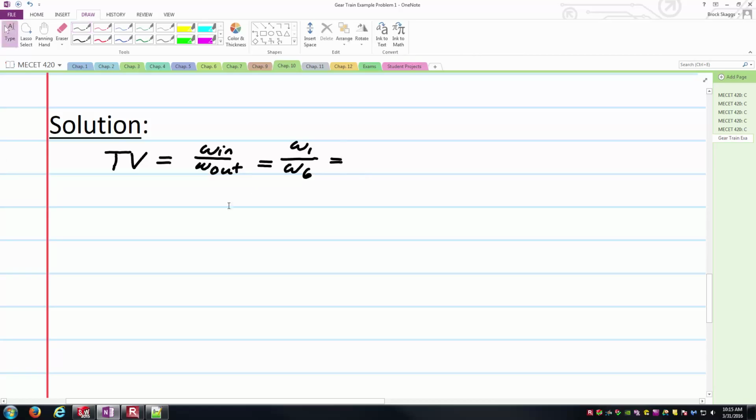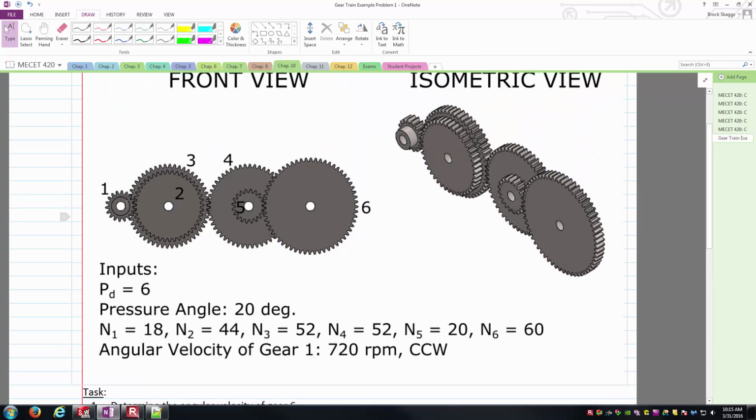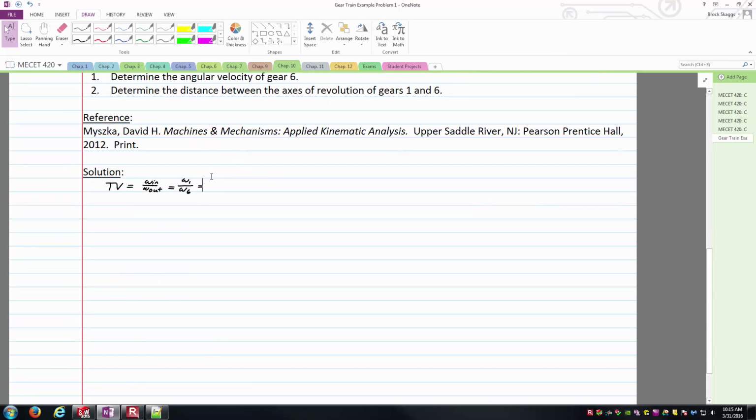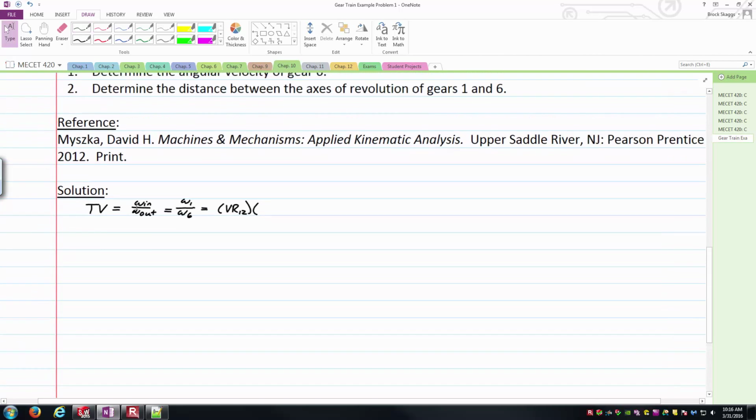I'm going to walk through the train now and say what's meshing with what. Here I've got gear 1 spinning. The first thing it's going to do is mesh with gear 2 and cause gears 2 and 3 to rotate at some angular velocity. So the first velocity ratio I need to work with is the ratio between 1 and 2. Here I'll call that velocity ratio 1,2, and we'll have a string of these to worry about.